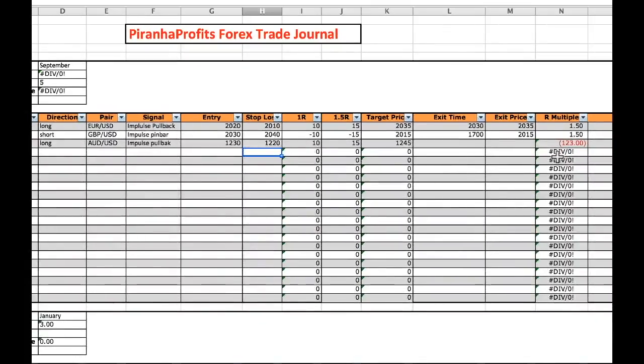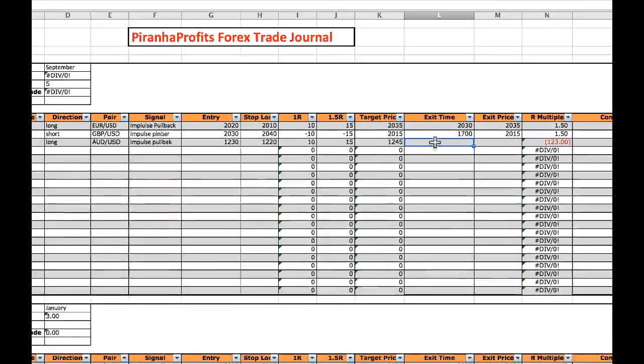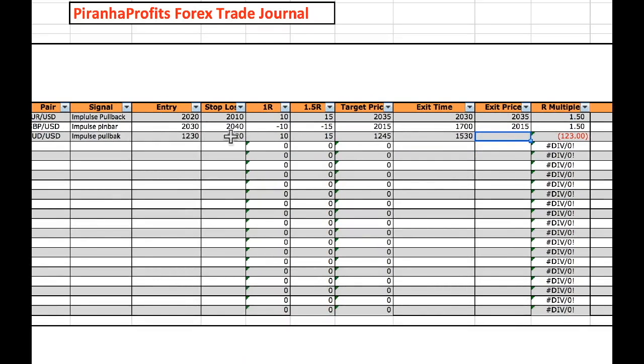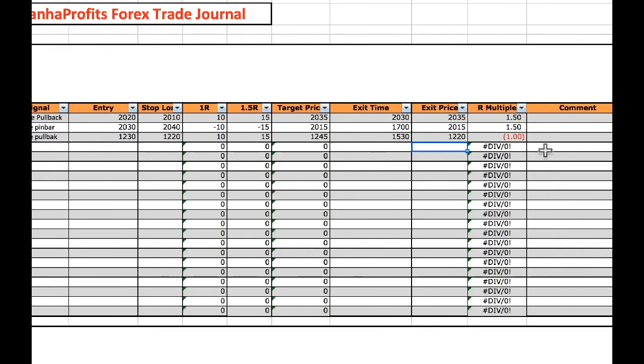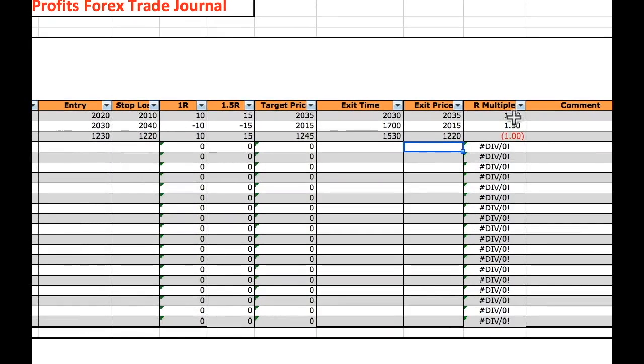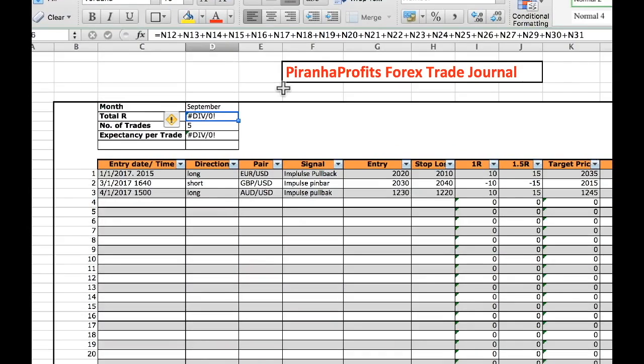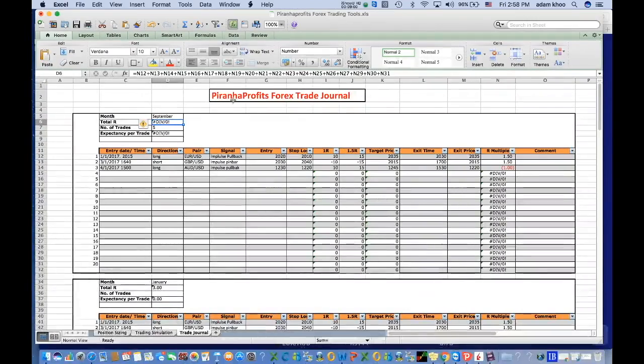And if you exit at, say, 1530, and you exit at a stop loss, that means you exit at a loss at 1220, boom, you get -1R. So as you trade, you get 1.5, 1.5, -1, -1, 1.5, and at the end of the month, you have your total R.